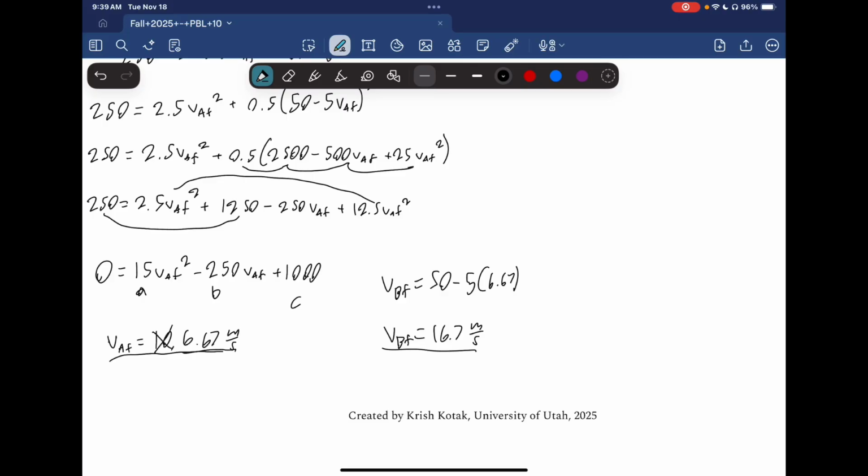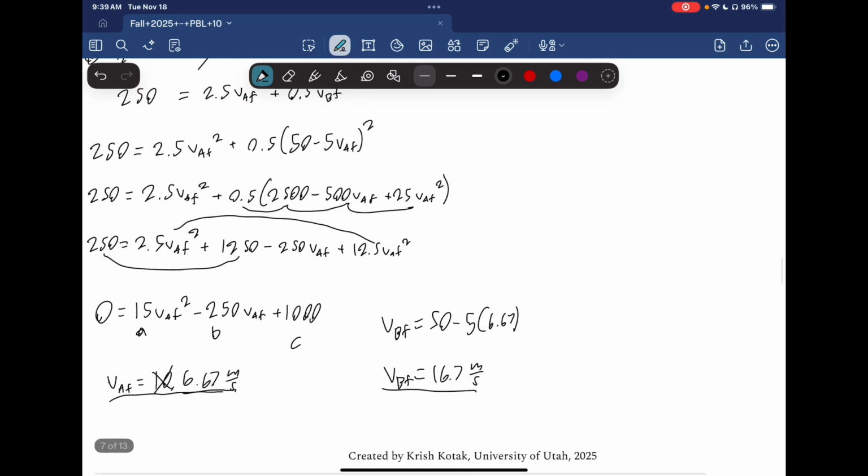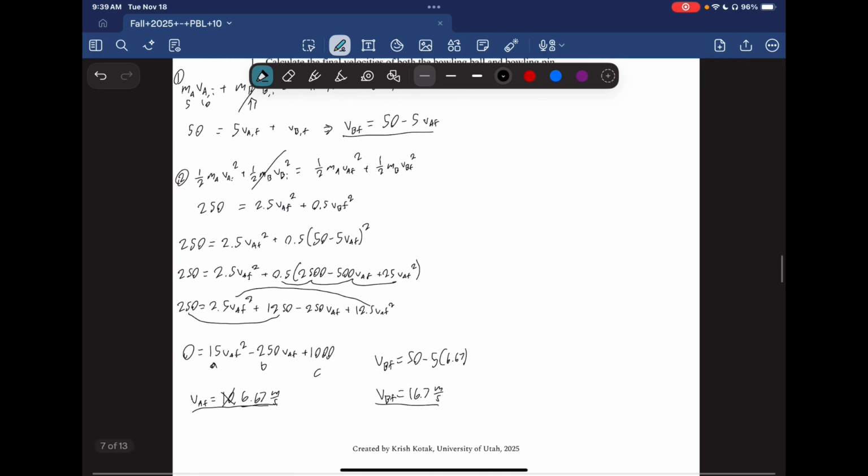And it has significantly more velocity than A. And so we say, okay, yeah, I think that makes sense because the bowling pin is going to have a lot more velocity than the bowling ball. The bowling ball isn't really going to have a whole lot of change in velocity because of that.